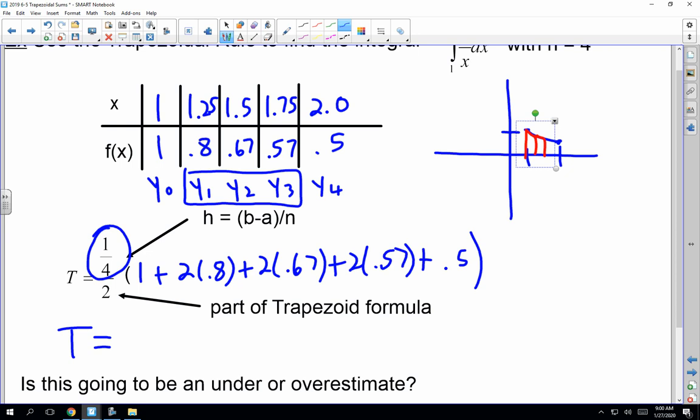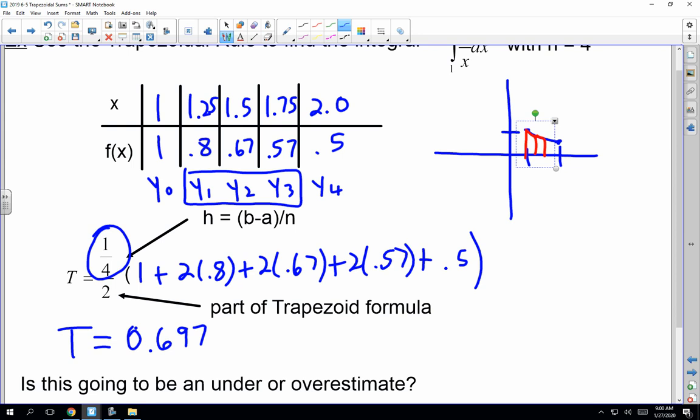And think about whether it's an under or overestimate in this case, based on the picture. What's this one going to be? 0.697. Let's see, well, that is 1/8 of all that.